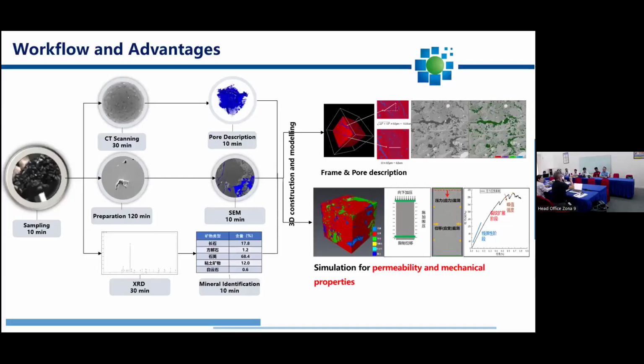Also the fractures and the spaces between grains will be loosened. So we do need to select very carefully the good cuttings so that they still represent a rock. I will give you some examples to see if the results from the cuttings can represent the rock.